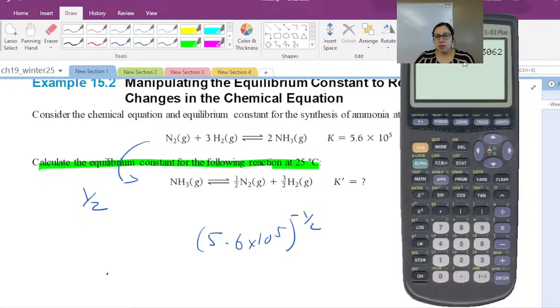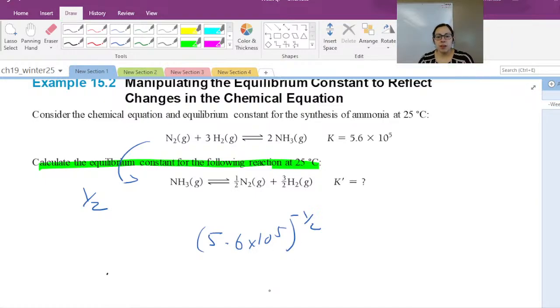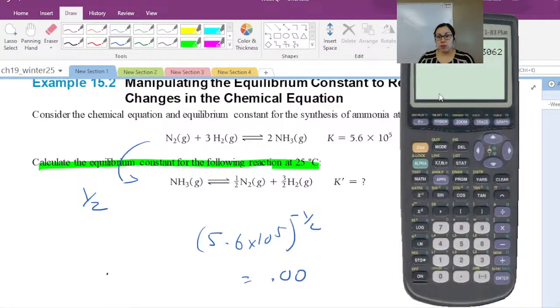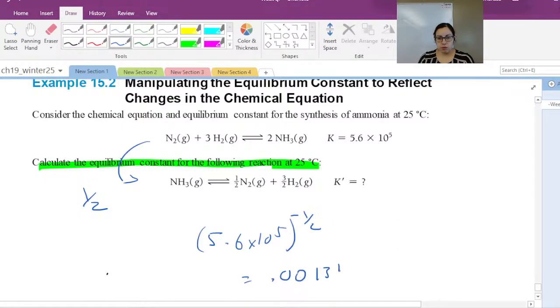So 0.0013, and then we can round it. We have like 2 sig figs, so give it 0.00134 for our K prime.